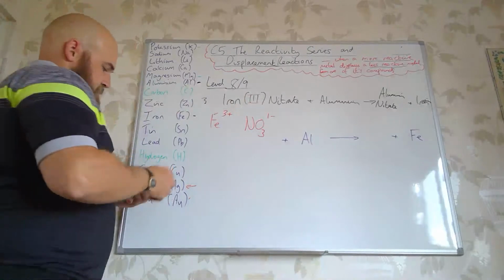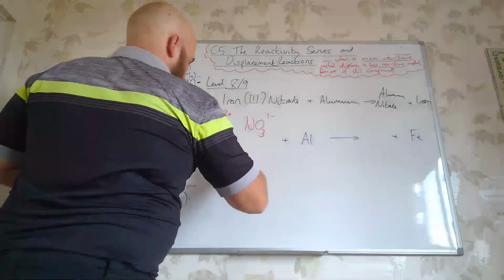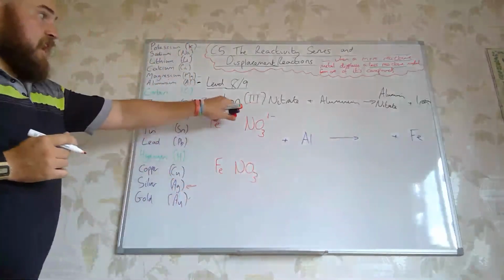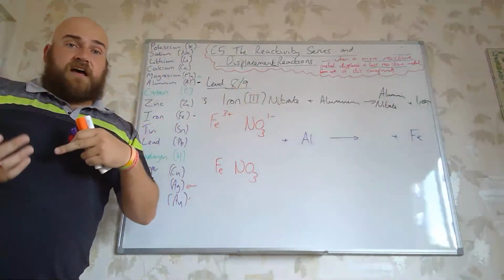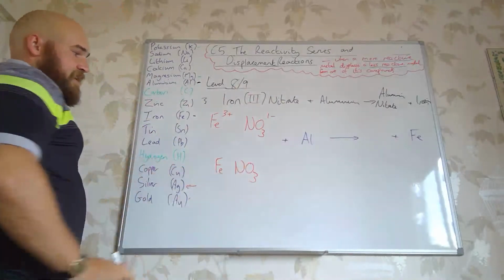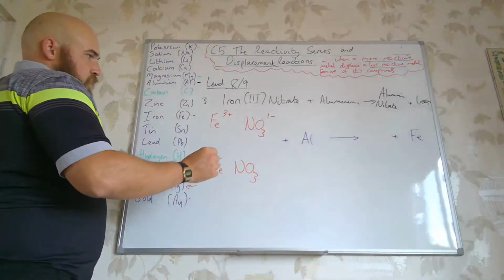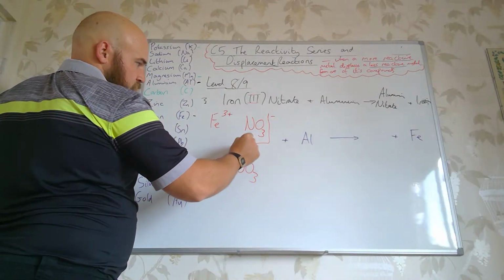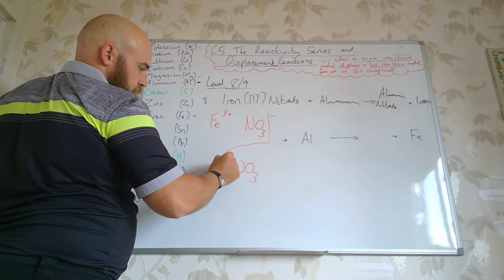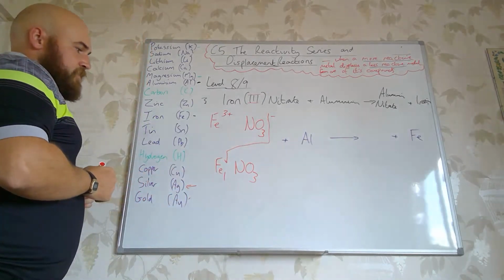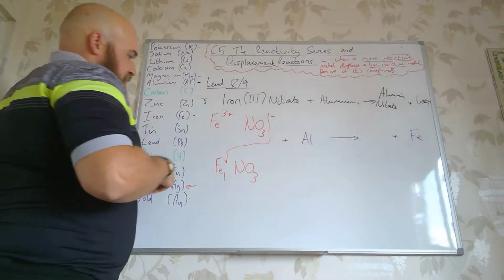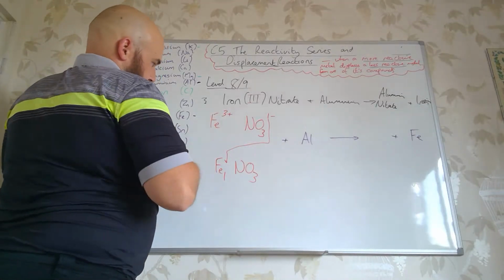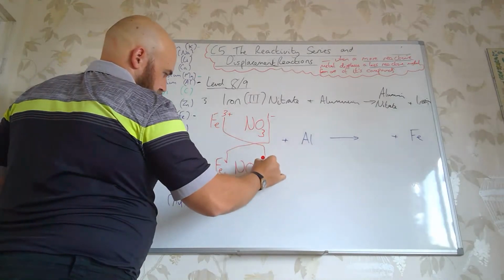I'm going to write down Fe NO3. I know that iron 3 nitrate contains iron and nitrate, so it's got Fe, it's got NO3. But what ratio? Well, let's do the crisscross. That number 1, which is on the NO3, will go down there. And then this number 3 will go down there.